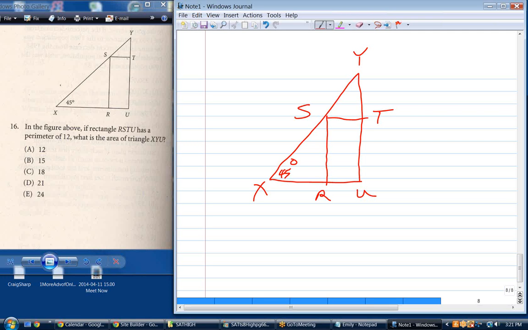So we're going to be working with integers. Let's call the sides of the rectangle A and B. The sides of the rectangle can either be 1 and 5 or 3 and 3.